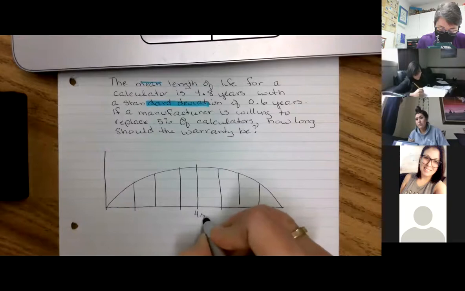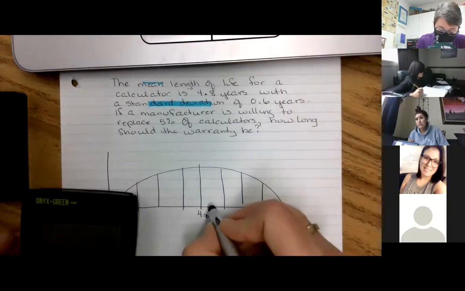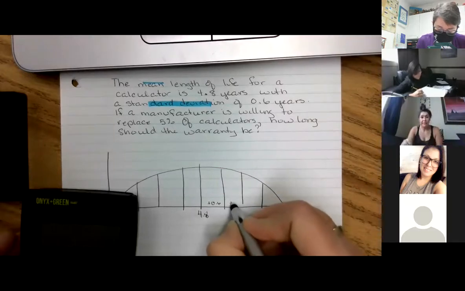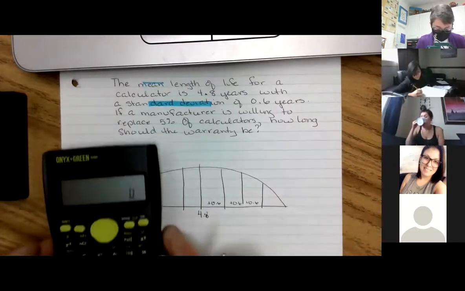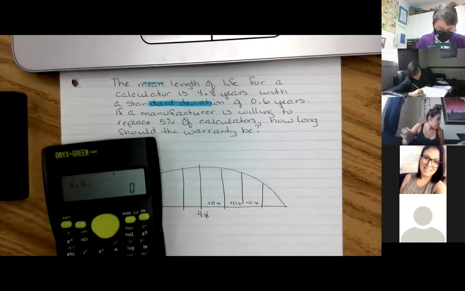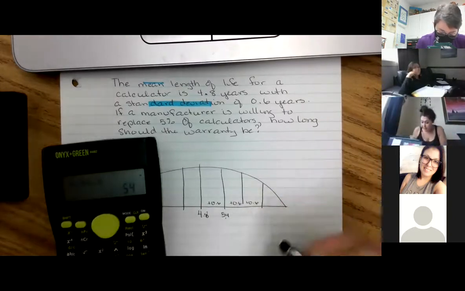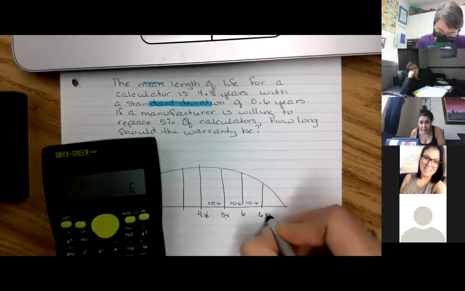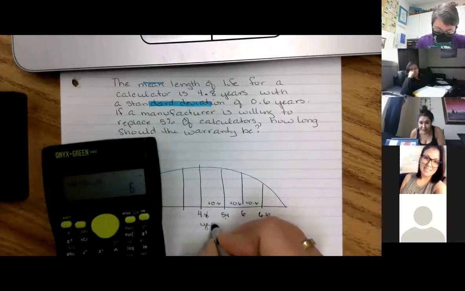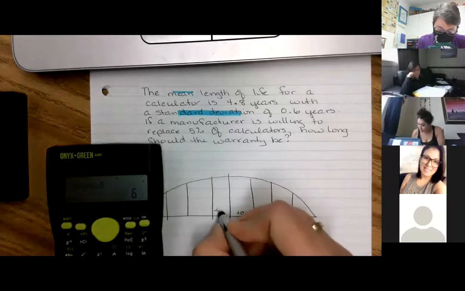So 4.8 plus 0.6. All right, so 4.8 plus 0.6 is 5.4 plus 0.6 is 6. I'm embarrassed I did that. And this would be 6.6. And this would be years. And then I'm going to subtract.